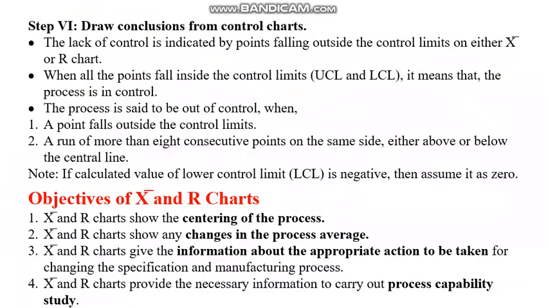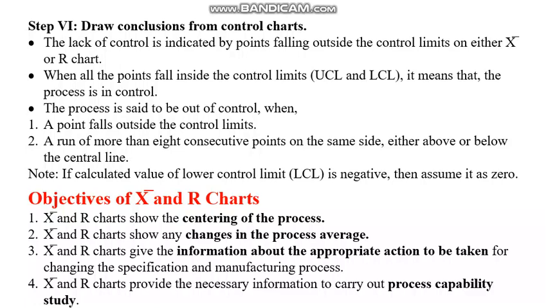So the process is said to be out of control when a point falls outside the control limits, and it is out of control when a run of more than 8 consecutive points fall on the same side, either above or below.